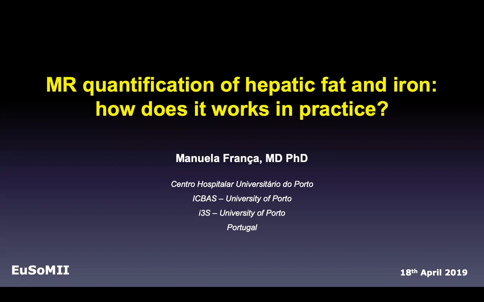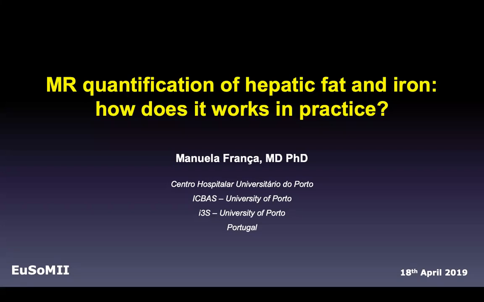And of course, I'm not measuring iron and fat in every abdominal MR, but I'm doing the multi-echo sequence in every patient because this is one single breath hold.